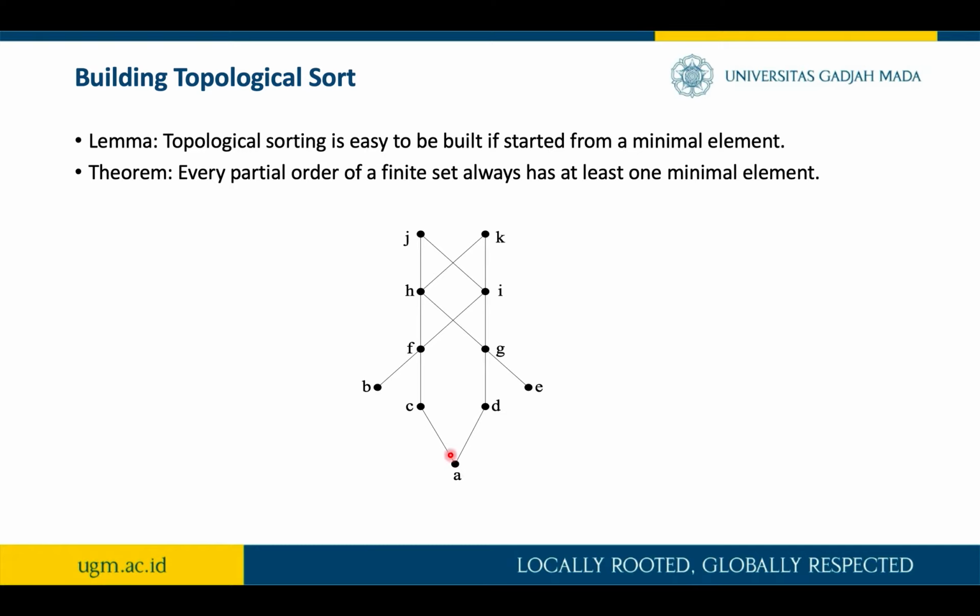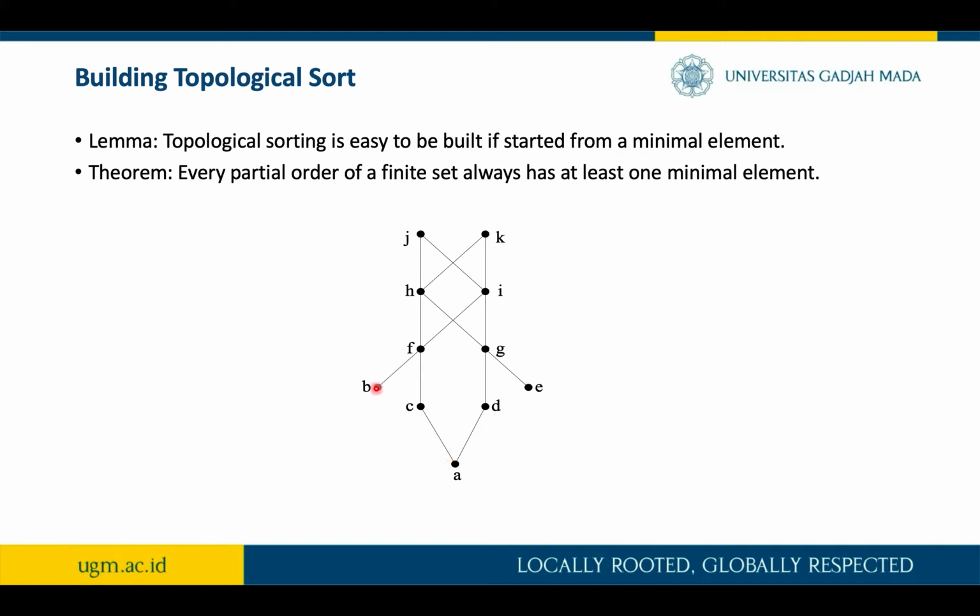The first one is A, because there is no element smaller than A. Remember that this is a Hasse diagram. So the one placed here, from A to C for example, means that A is smaller than C. So there is no element smaller than A, and there is also no element smaller than P.